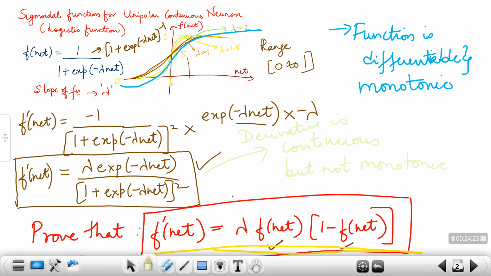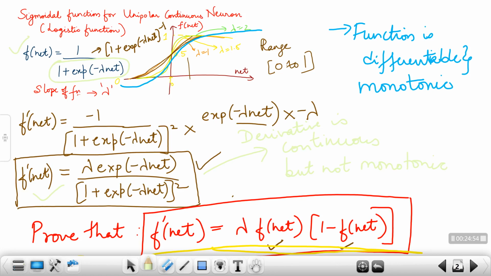If you use these functions in MATLAB, you can first plot f of net and then plot the derivative of this function and check the shape, whether it is a monotonic function or not. So it is not a monotonic function. Why? Looking at this particular term, you can make out that this is in the denominator and this is an exponential function in the numerator and in the denominator.